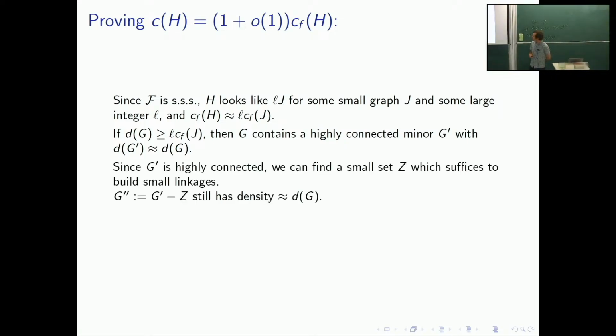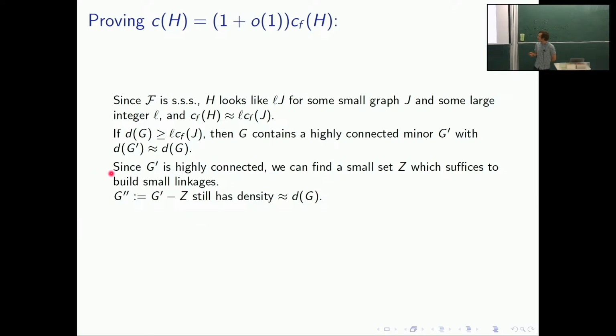So as before, we decompose the graph H. But now we're going to assume that we can find a minor G prime of this graph G. And G prime is highly connected, but still has about the same density.